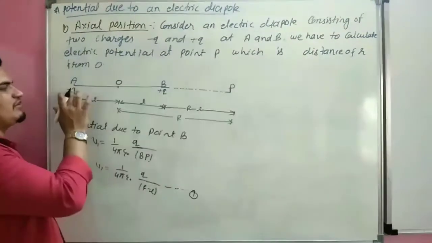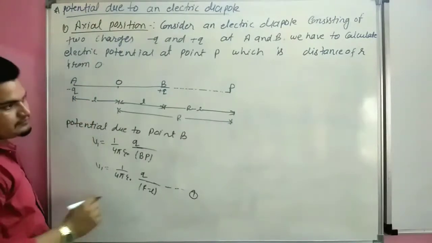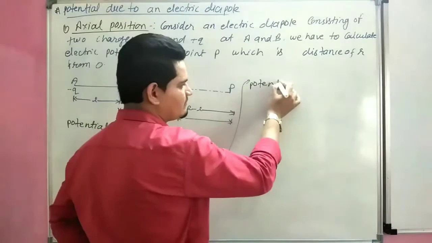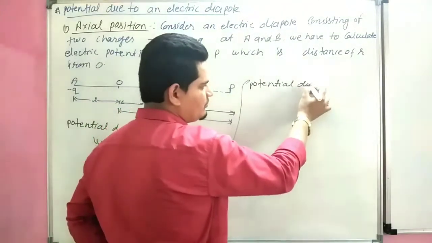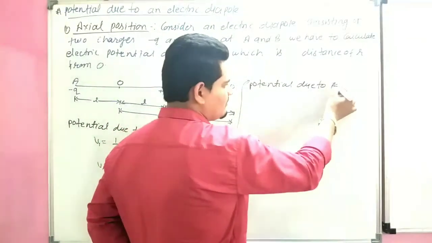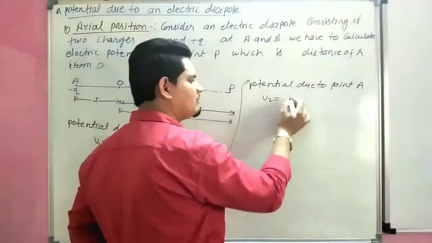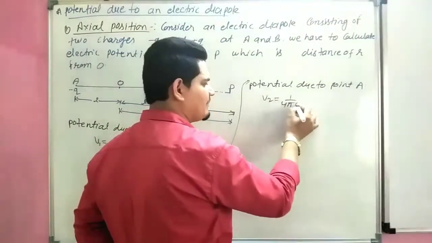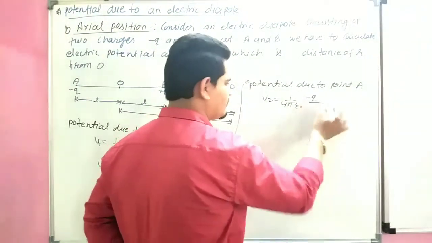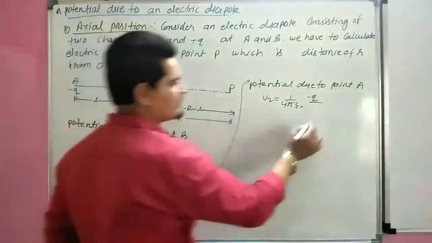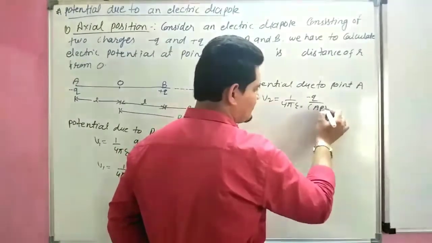Now we have to calculate the potential due to point A. The formula is V2 equal to 1 upon 4 pi epsilon naught, minus Q, because the charge is minus Q, and the distance is AP, so AP whole square.